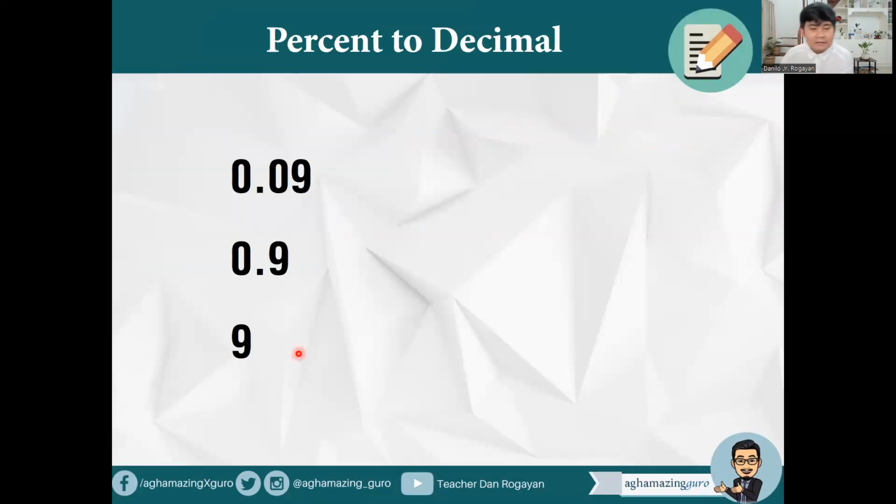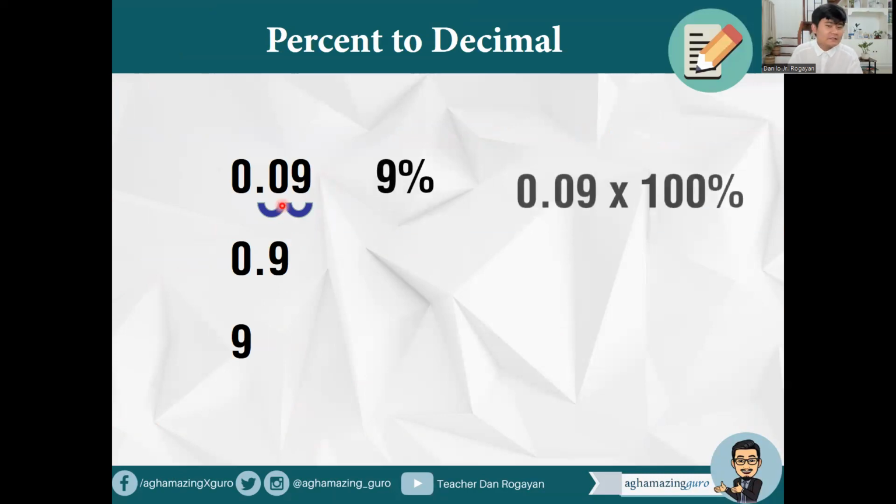To illustrate that better, for example, we have 0.09 here. What you will just do is move the decimal point 1 and then 2. So that is 9%. Or you can just multiply 0.09 times 100%. You will get 9%.